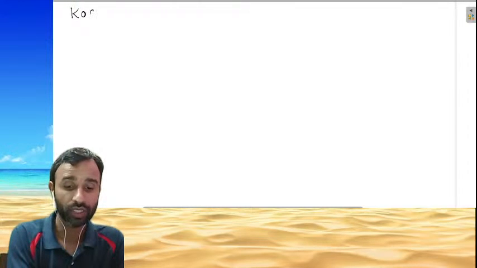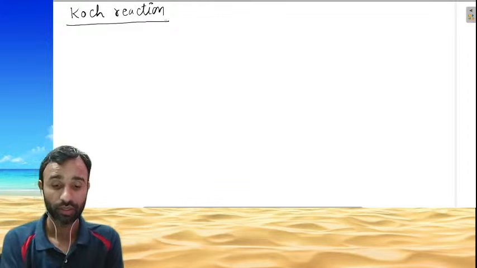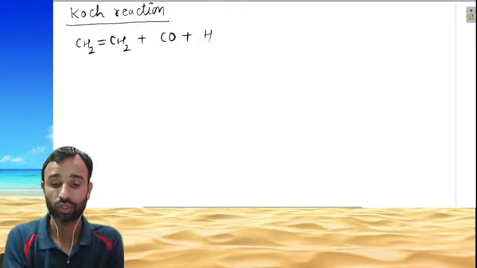Now next is from alkene, Koch reaction. So Koch reaction में क्या होता है? Let us take alkene, carbon monoxide and steam.